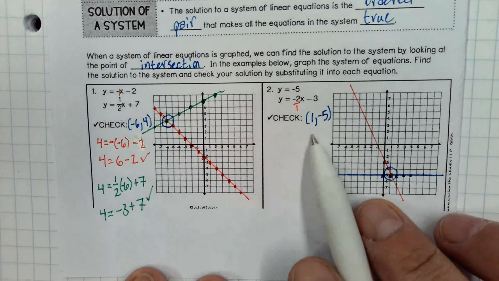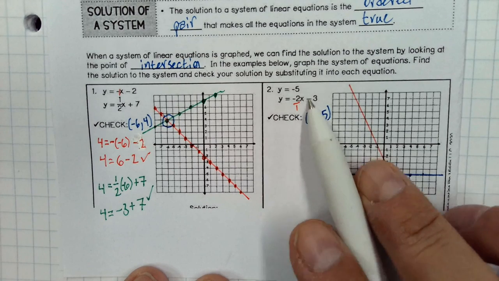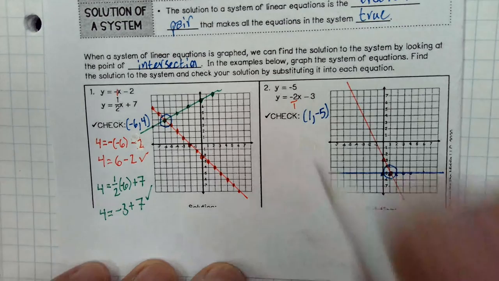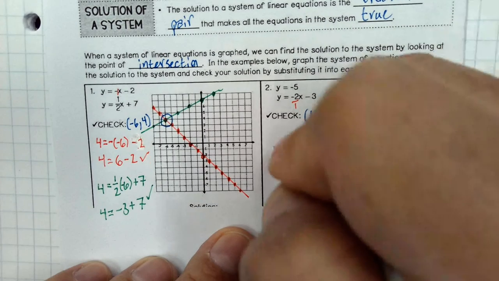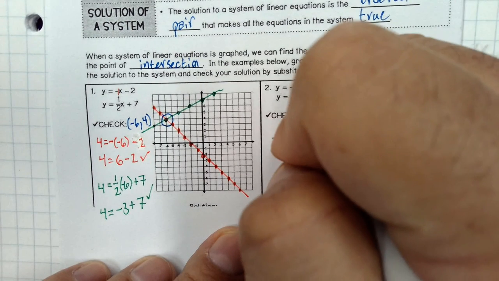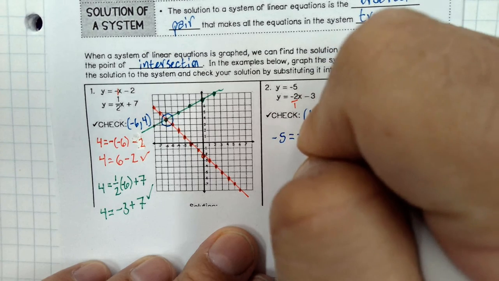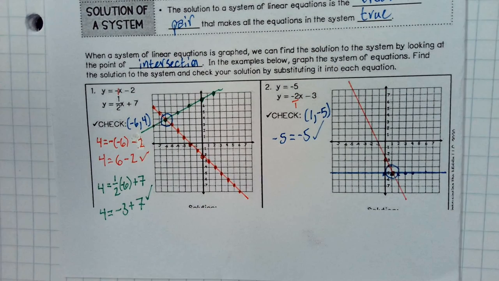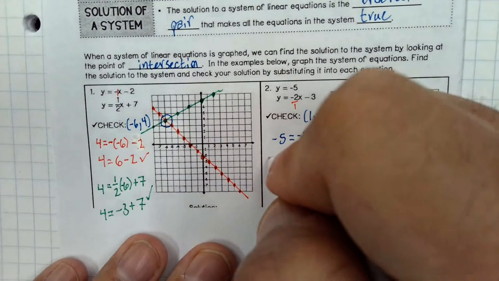Now, if we were to plug in 1, negative 5 in both of them, then it would work. And so you could see the first one. Replace y with negative 5. There it is, it works. And we can do the second equation.